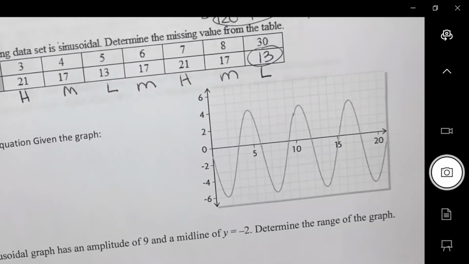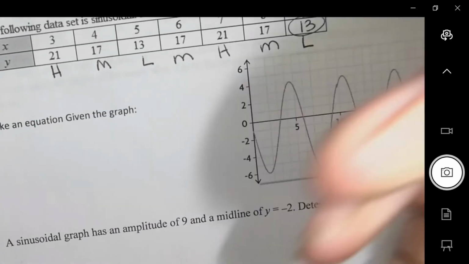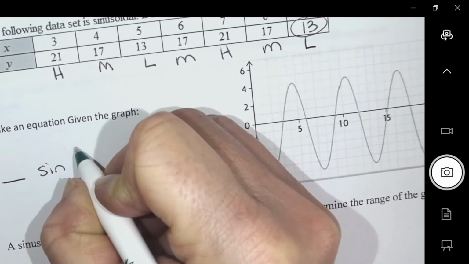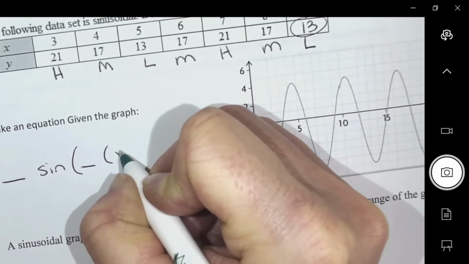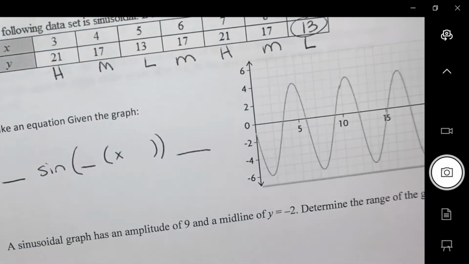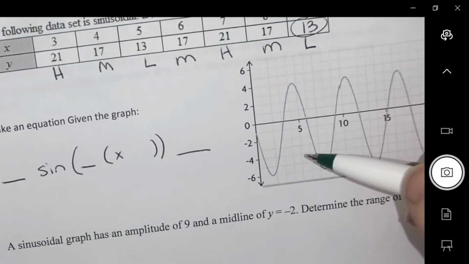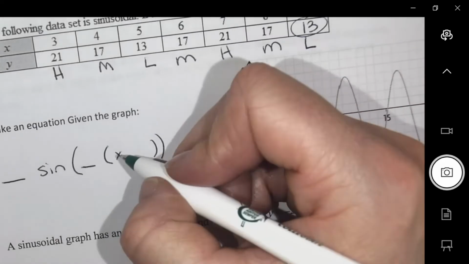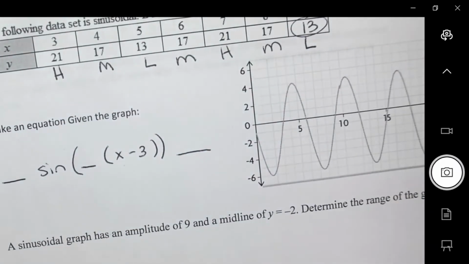Okay, make an equation. Here's what I'm going to write, and you have to fill in the A, the B, and the D values.